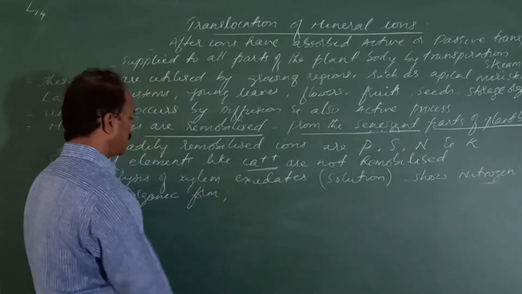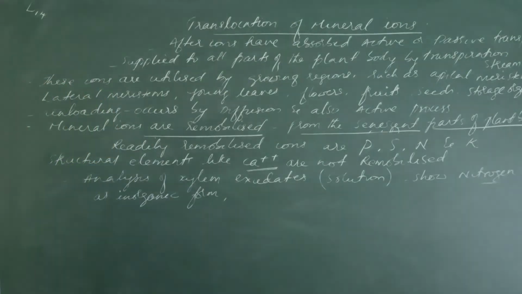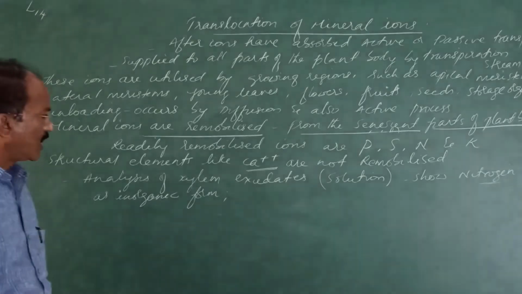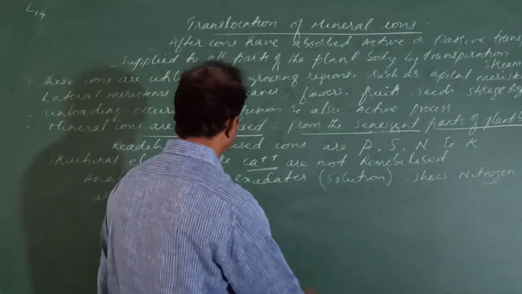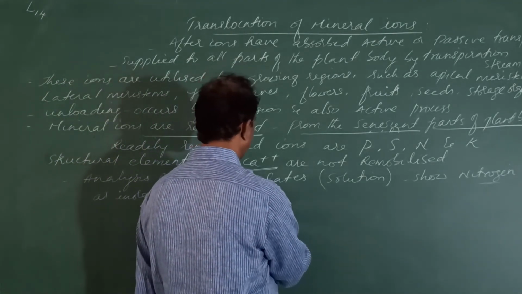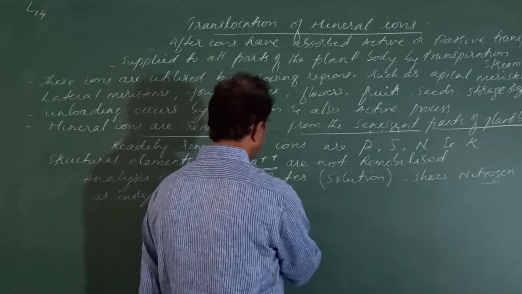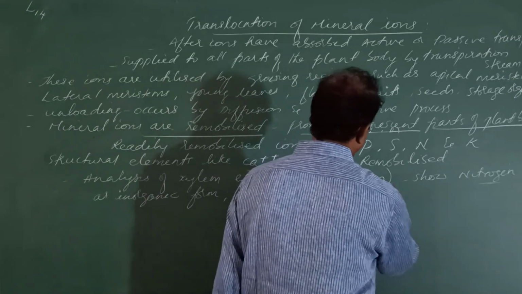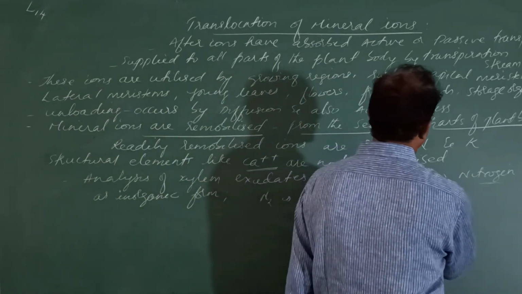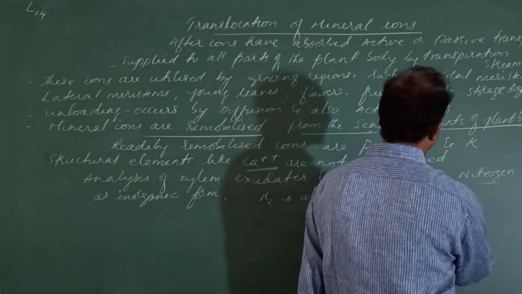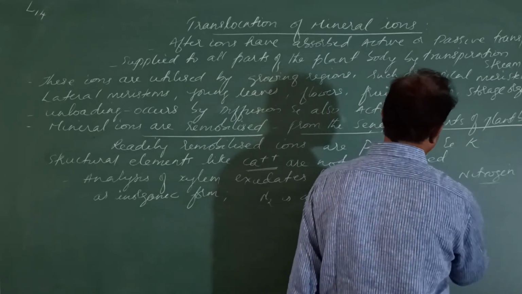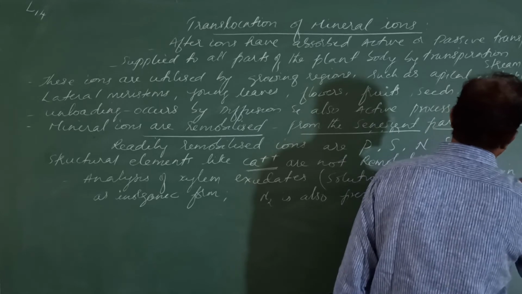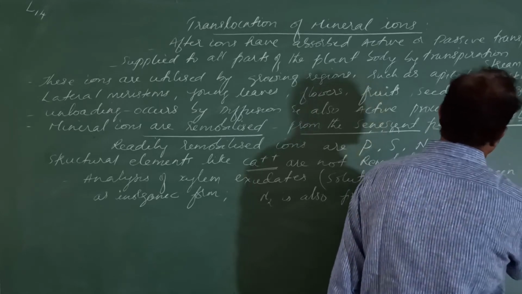Not only in this form, some of the nitrogen is transported in the plant body in the organic form, that is in the form of amino acids. Nitrogen is also present in organic form as amino acid, so that is utilized.